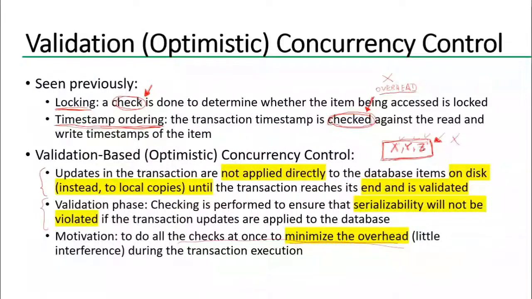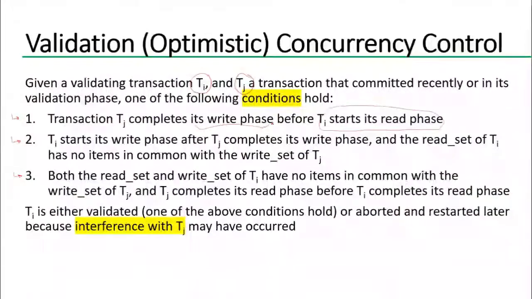So TJ is writing a certain item X, but it completed before TI starts its read phase of item X. Condition number 2: TI starts its write phase after TJ completes its write phase.